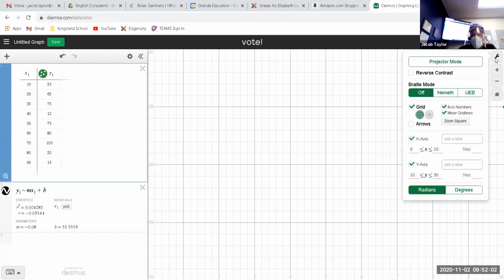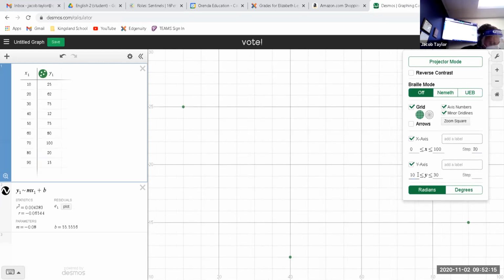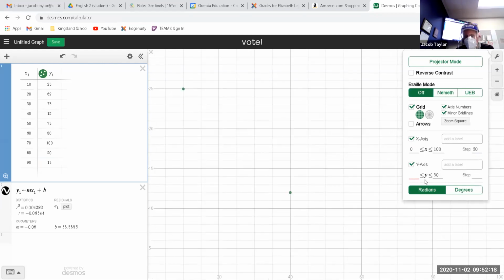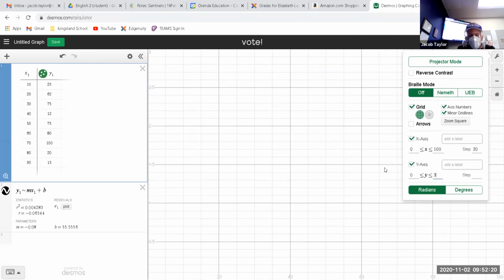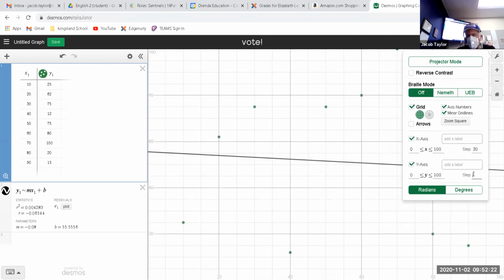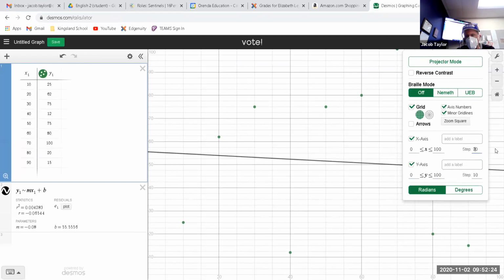You'll notice that as I do that, the y equals mx plus b automatically adjusts, which is nice of it. And I'm going to make my x and y axes go from 0 to 100. Maybe by 10s is better.